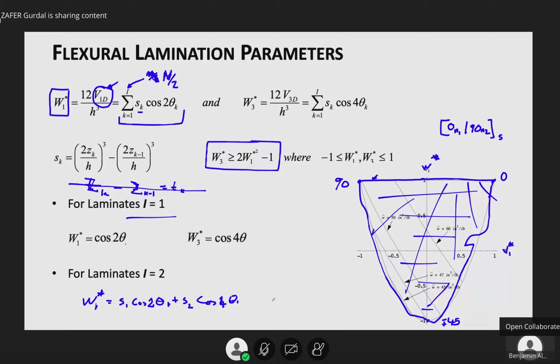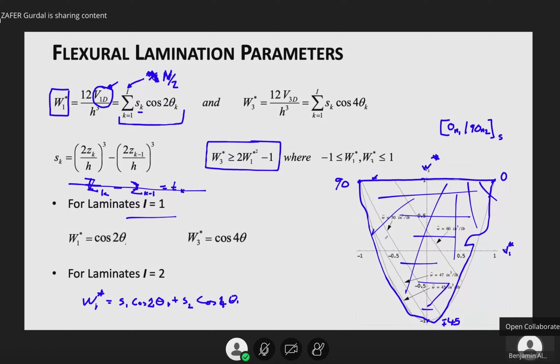And then a similar expression goes for W3 star, giving you the appropriate equations that will give you any laminate. So two or more orientations, you can basically have any stiffness, bending stiffness term that you want inside this diagram.